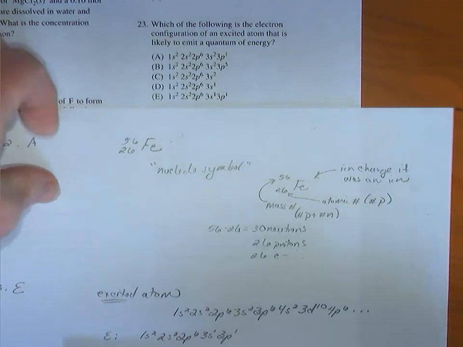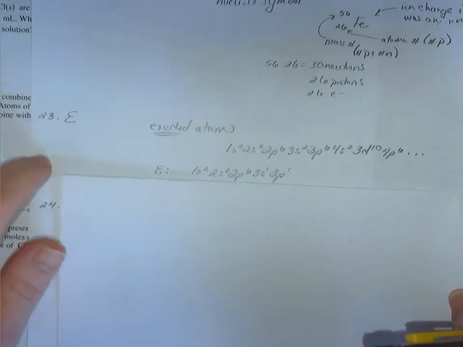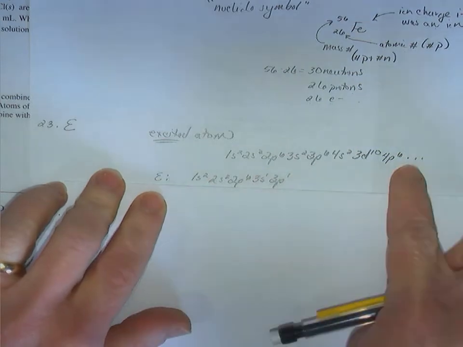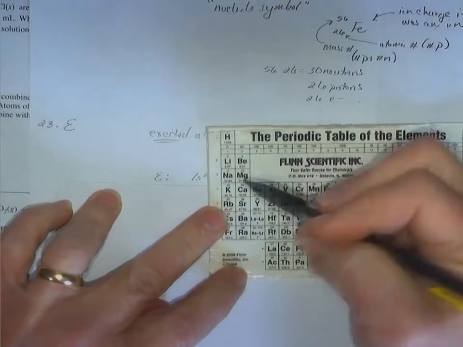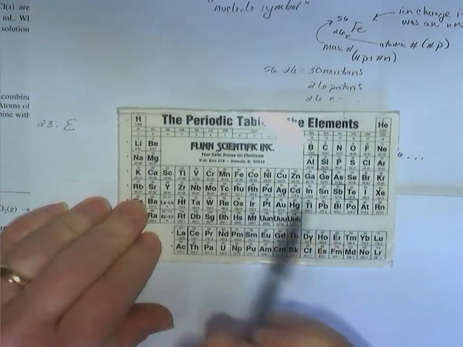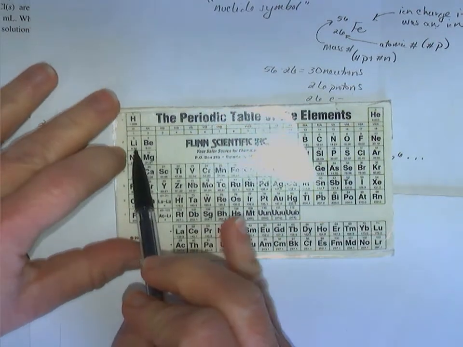Okay, electron config. So if we can remind ourselves of electron configuration and how it builds on the periodic table. Remember, we have our S block, our P block, our D block, and our F block, and we will fill the S and the P per the same period number.